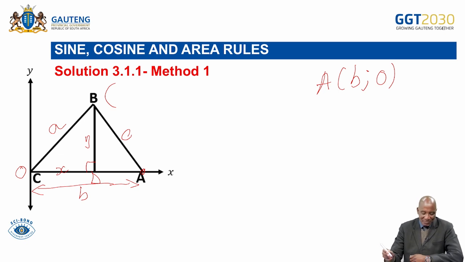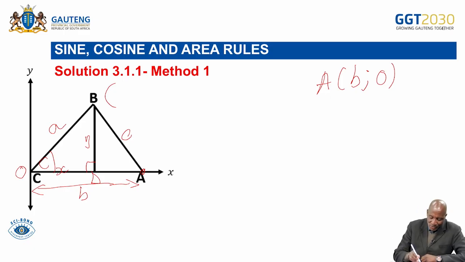What are we saying here? We want to find X on the diagram using this angle C here. This is angle C. So how can you find a small x using angle C? We can say cos of C is equal to adjacent over hypotenuse.